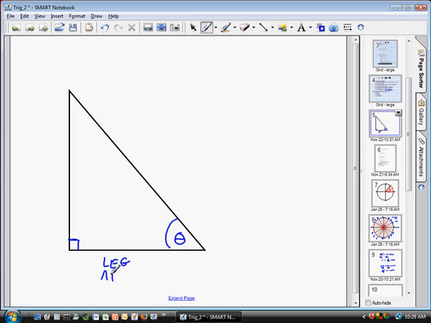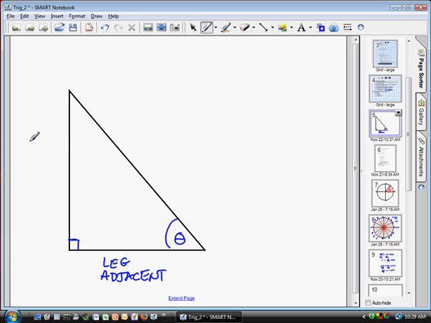This is called the leg adjacent. That means it's the leg that's adjacent to angle theta. It's the one that's next to it. You're familiar with the term adjacent? Next to?